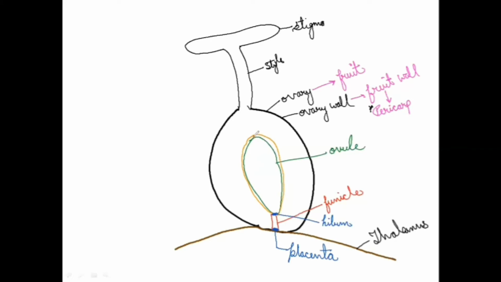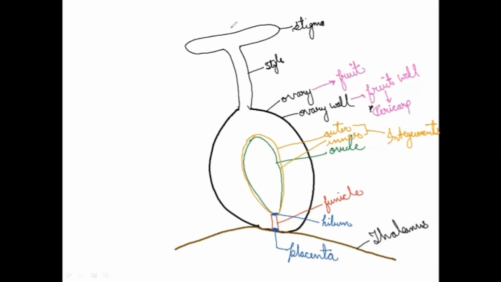Then again, this one is the outer layer. This is outer, and this one is, let's say, the inner one. Now, these two layers are together known as integuments, outer integument and inner integument.